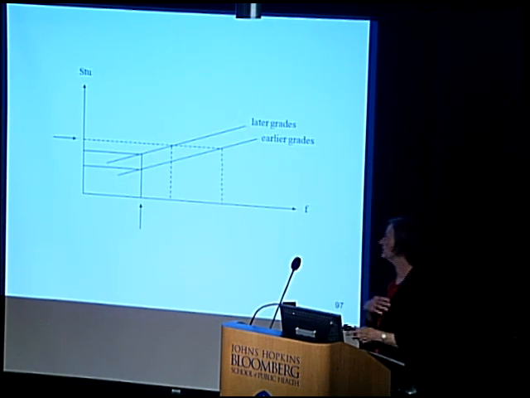Here, this is the item stubborn on the y-axis, and this is the aggression factor on the x-axis. Let's take a look at one value on the aggression factor and look at what it says about earlier and later grades as far as the item functioning.